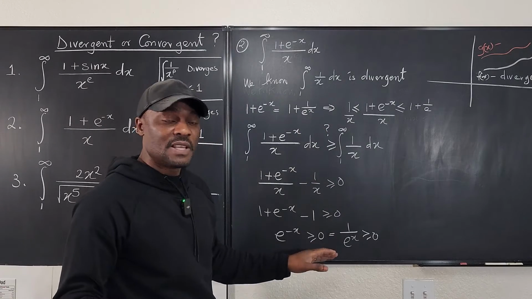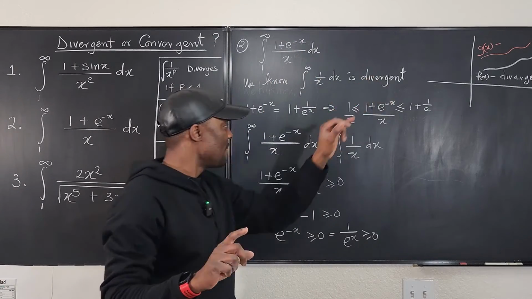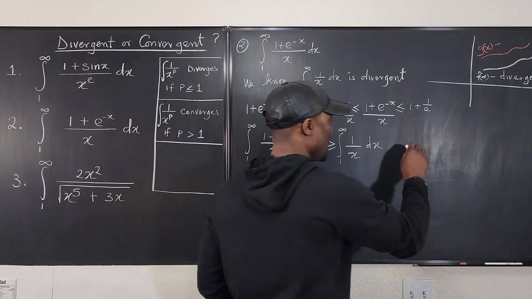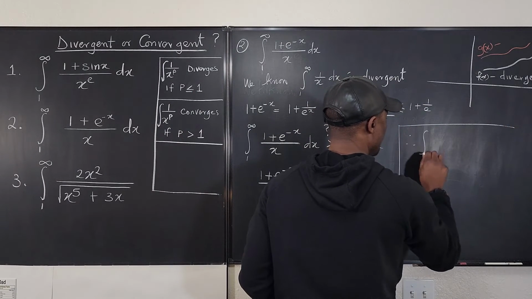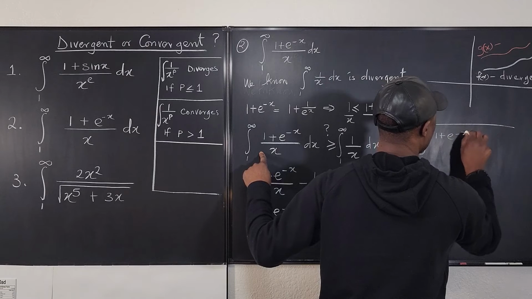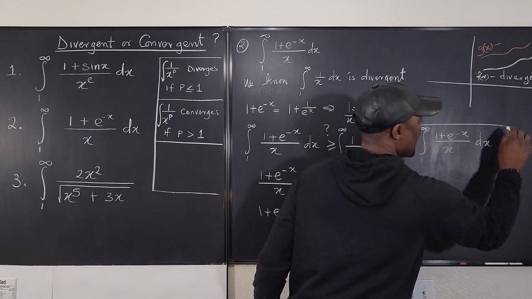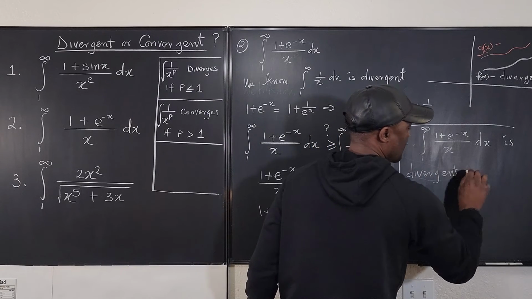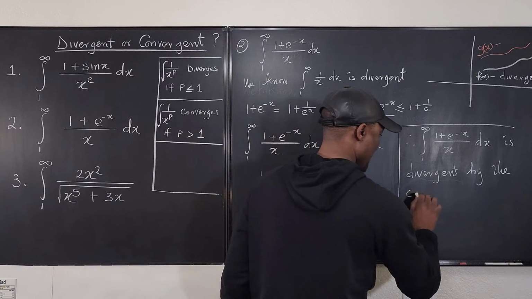So now because of this, we have established that this is divergent. We have also established that we can connect these two, so we can conclude and say, therefore, the integral from 1 to infinity of 1 plus e to the negative x over x dx is divergent by the comparison test.